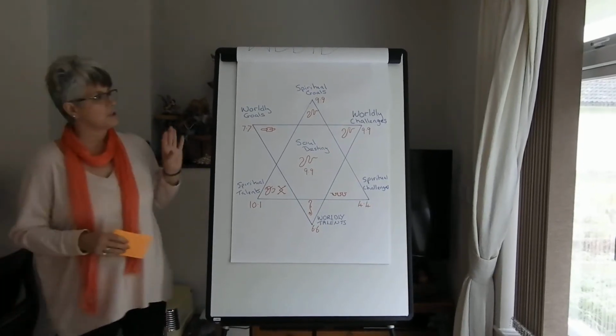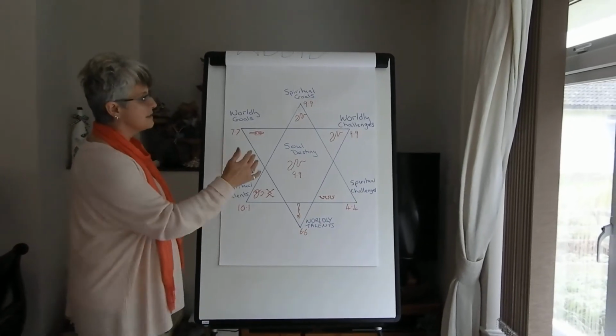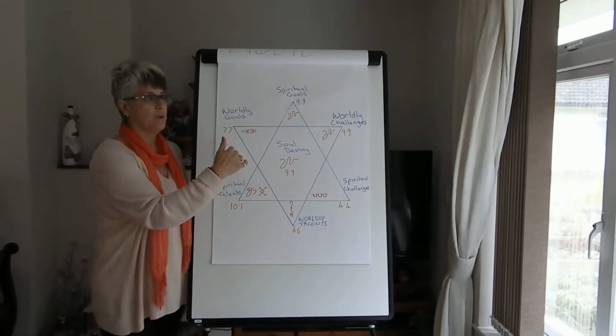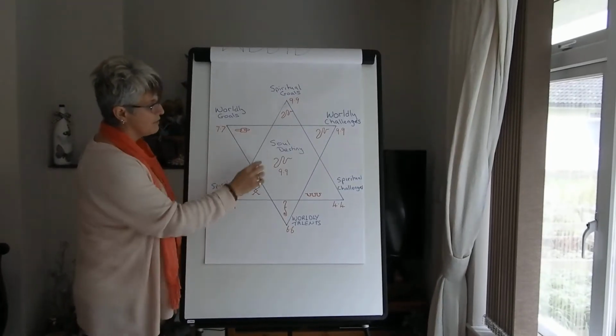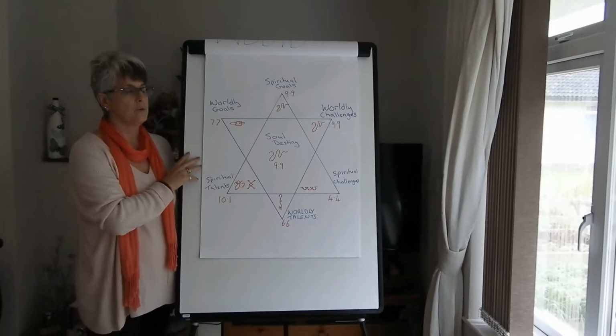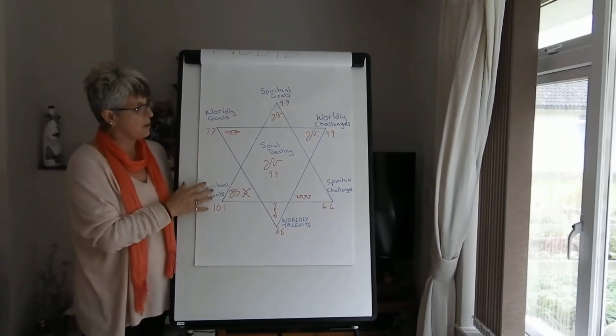The 9-9 also comes with very strong physical energies. Now these can leave you feeling quite fatigued and ungrounded. And the fact that I've got three of them can cause your energy levels to fluctuate quite a bit.